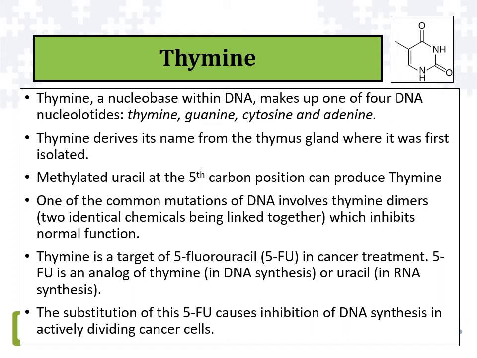And there can be problems that occur in thymine, for example, something called a dimer, which is when you get two identical chemicals being linked together, that starts to create a problem in DNA synthesis.